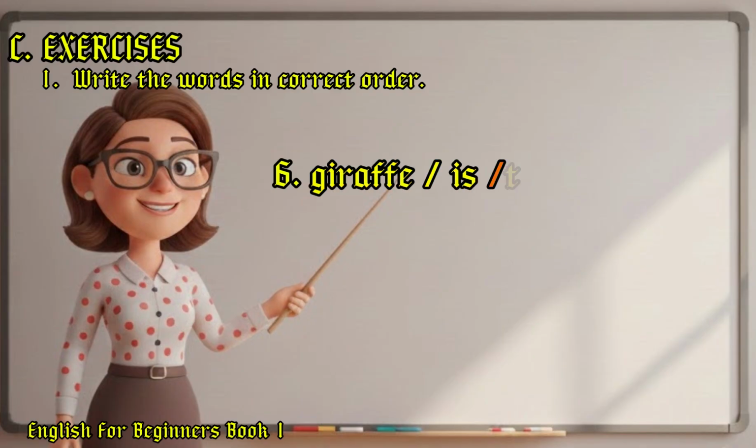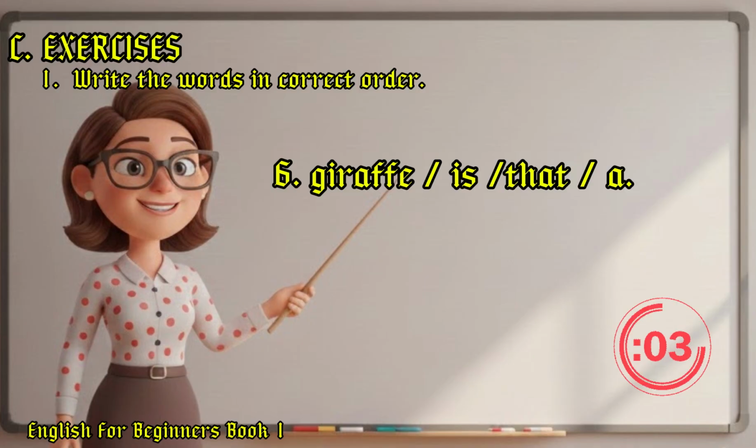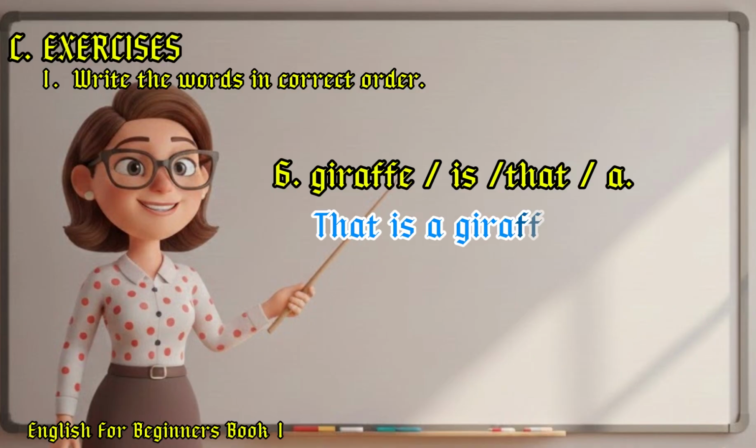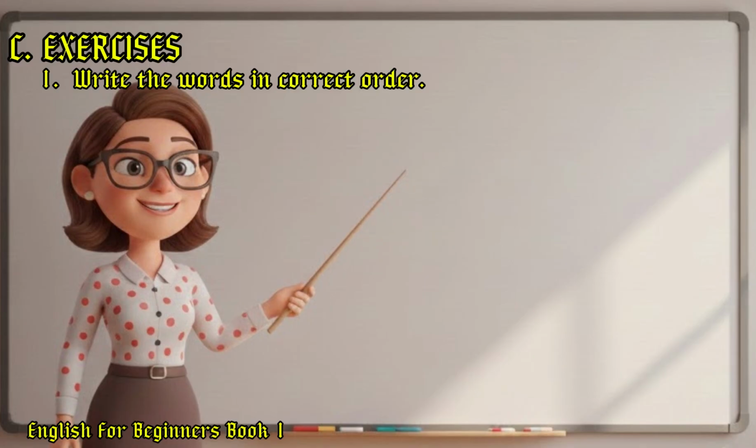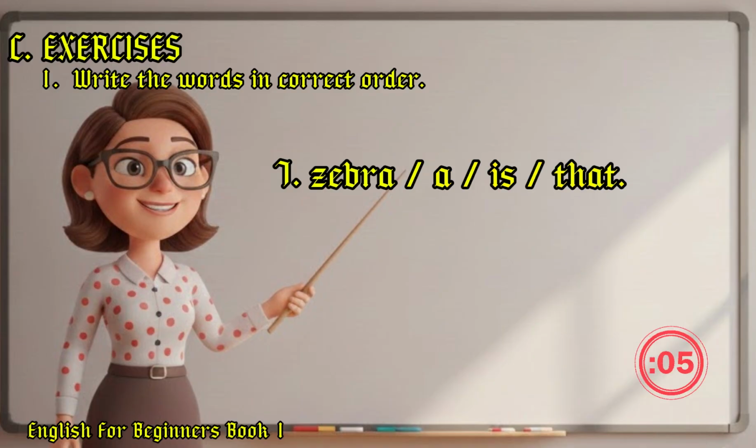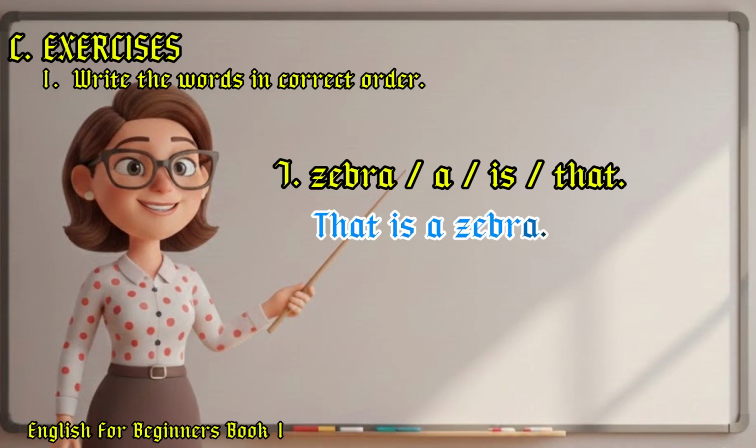Giraffe is that a. That is a giraffe. 7. Zebra a is that. That is a zebra.